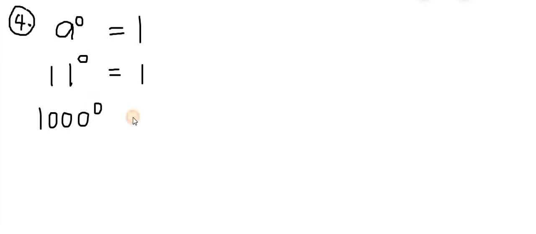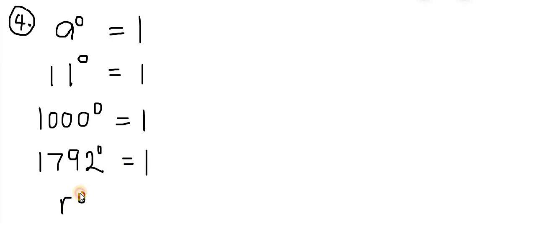Now, for this one, a to the power of 0, it's simply 1. Okay? Because the rule is anything to the power of 0 is 1. 11 to the power of 0 is 1. 1,000 to the power of 0 is 1. 1792 to the power of 0 is 1.